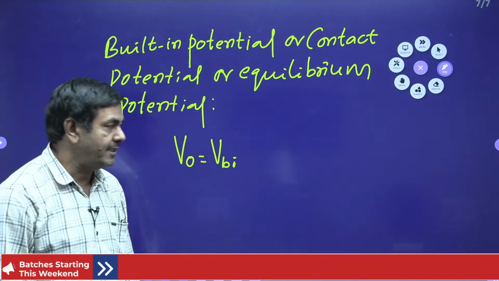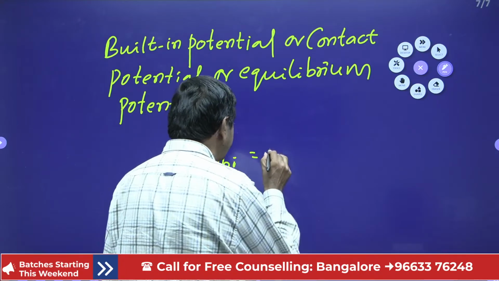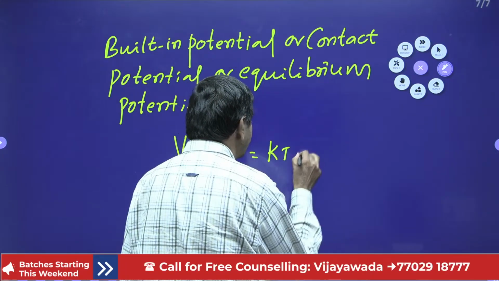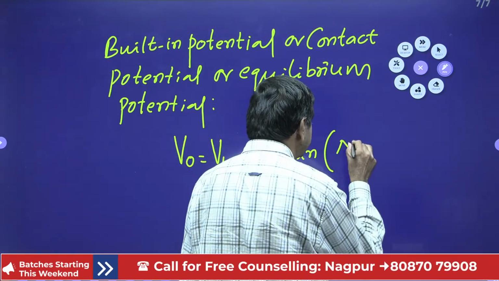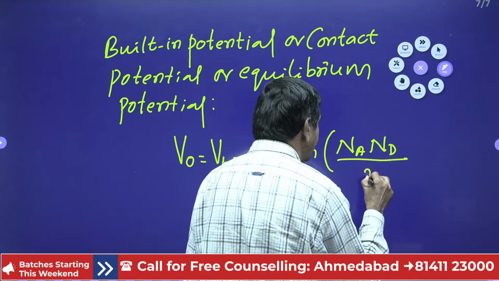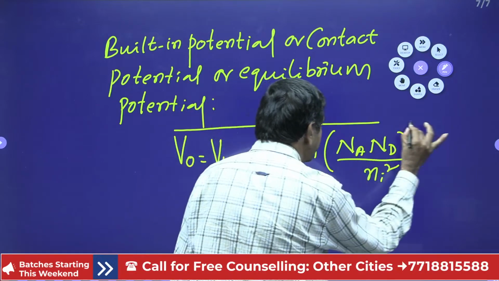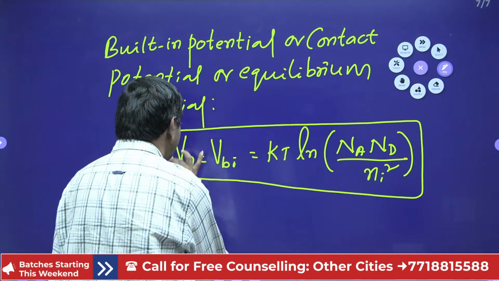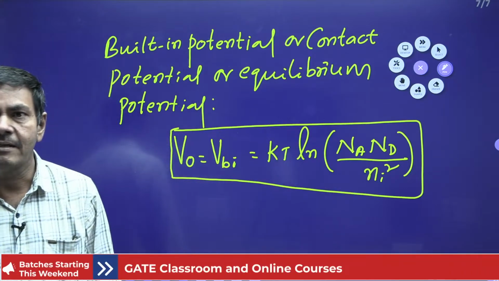How can we calculate it? It is calculated by kT times ln of NA times ND divided by Ni squared. This formula is generally applied to determine the built-in potential, and mostly questions in GATE or other competitive exams use this formula.